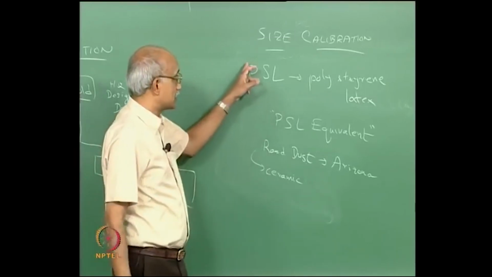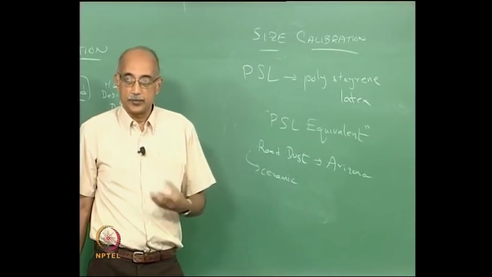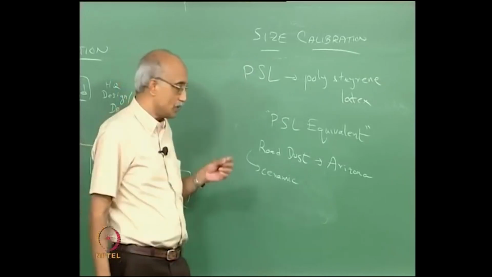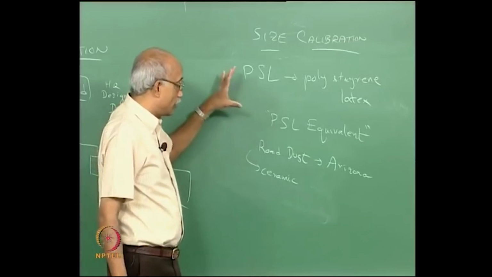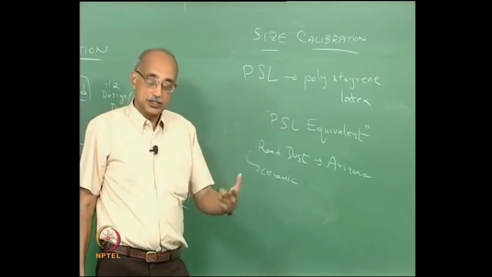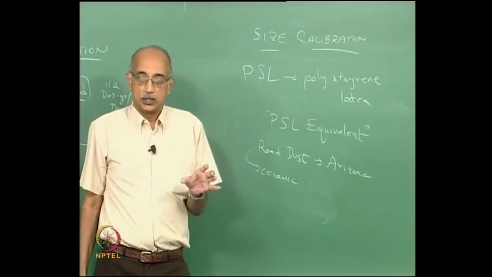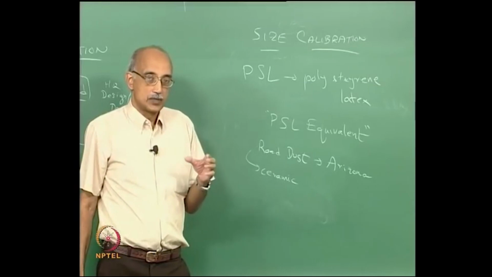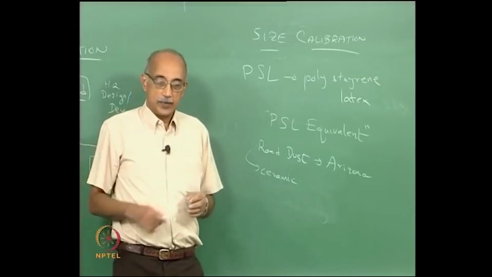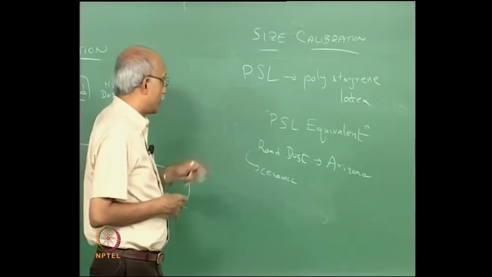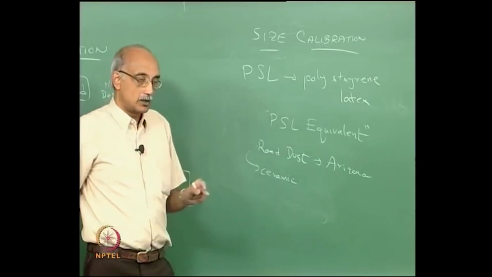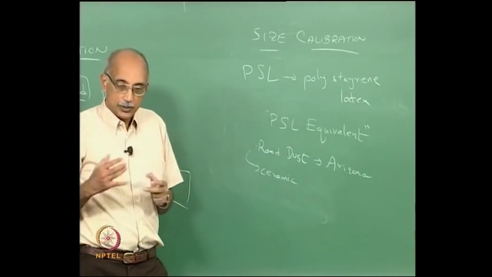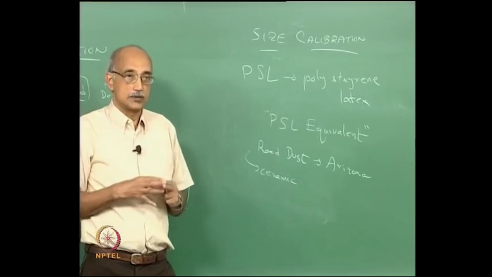Now the difference between size calibration and count calibration is that, again, count calibration requires size calibration, but in addition you also have to do a calibration for concentration. And the way you do that is by preparing particles that are of a certain size range, but also preparing them to known concentrations.